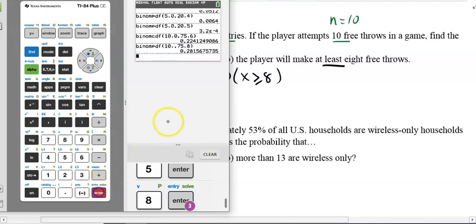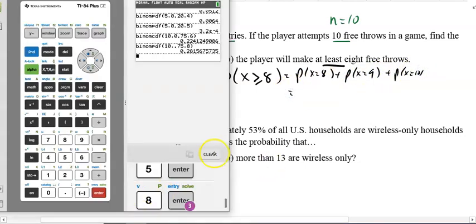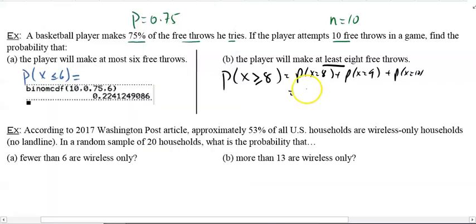Plus, over here, I'll do 8. That's going to be the probability that x equals 8. Or you add 9, or 10. Well, this happened to be 0.28157.